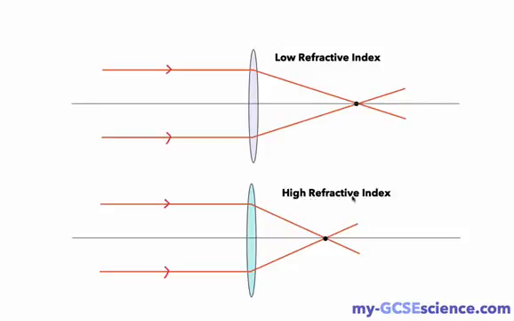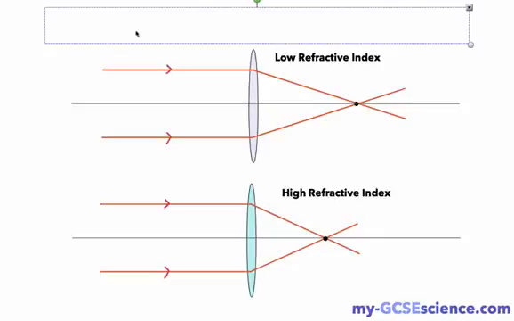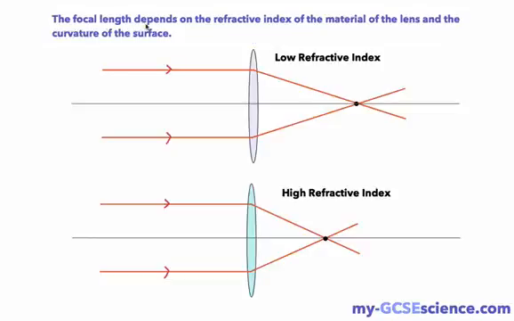The higher refractive index actually indicates that the light rays refract more. So the key thing to remember here is the focal length depends on 2 things. It depends on the refractive index of the material of the lens and the curvature of the surface. So refractive index and the curvature, and the curvature is usually related to the thickness of the lens.